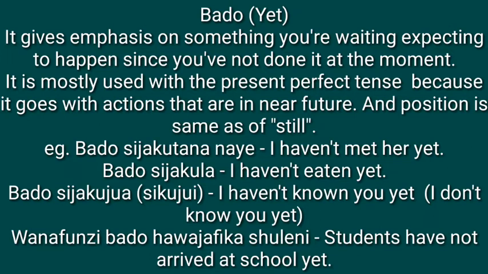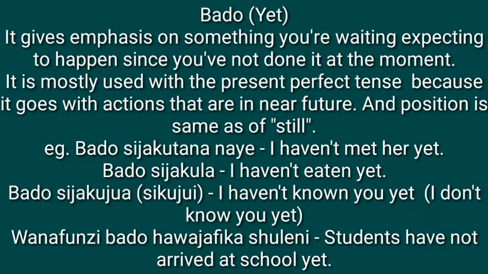Another one, bado as yet. It gives emphasis on something you are waiting or expecting to happen since you have not done it at the moment. It is mostly used with the present perfect tense because it goes with actions that are in the near future, and its position is the same as the one we've just finished, the still.